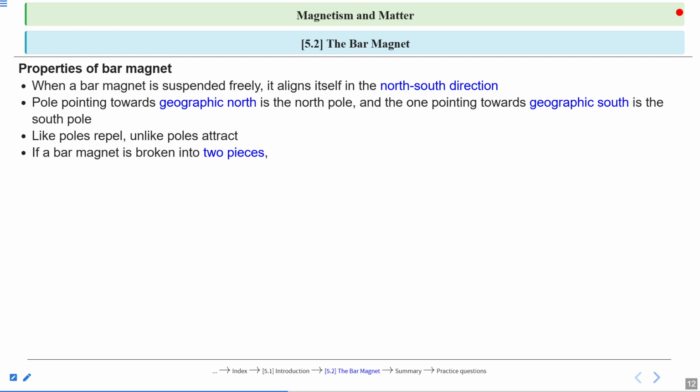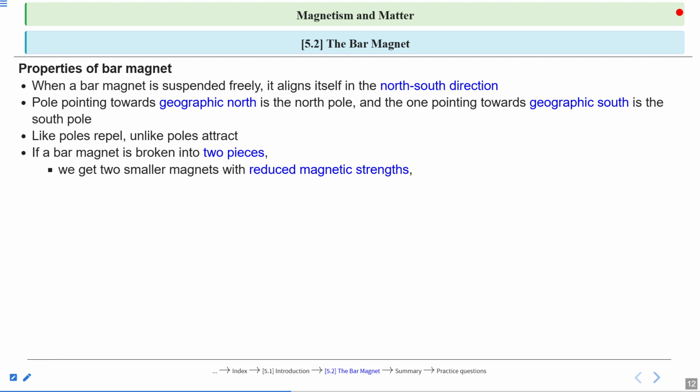If a bar magnet is broken into two pieces, it will result in two magnets, each having both north and south poles but of weaker magnetic strength. This is basically the summary we have discussed for the bar magnet.